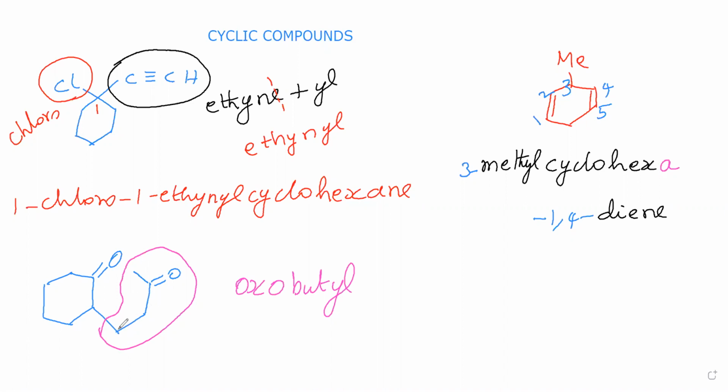In this branch, the carbon linked to the parent carbon directly, that you start as number 1. Then number 2, number 3, number 4. Now this ketone is present at the 3' position in the branch. Okay. So we have said the branch name.